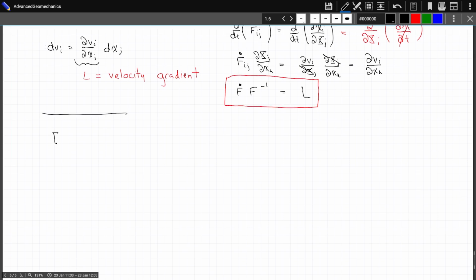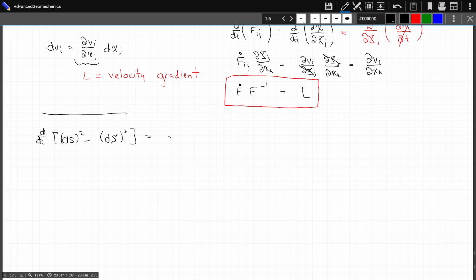Just like before, we have d little s squared minus d big S squared, and we're going to take the time derivative of that, d/dt. Let me write it out.